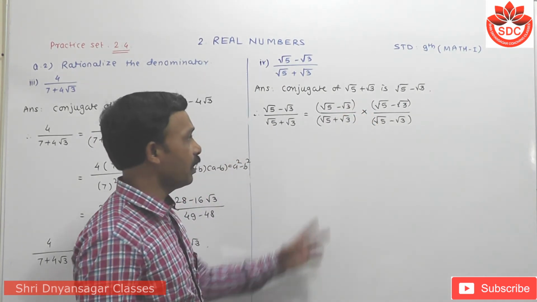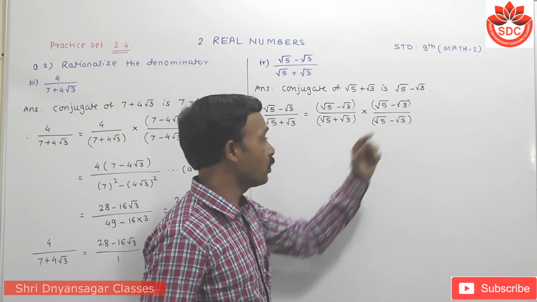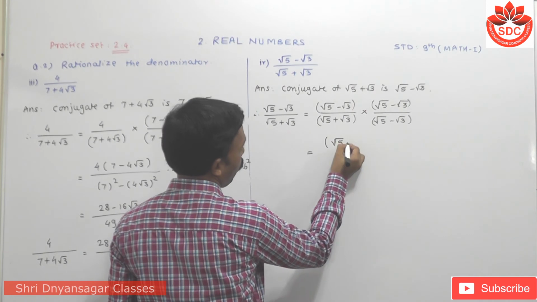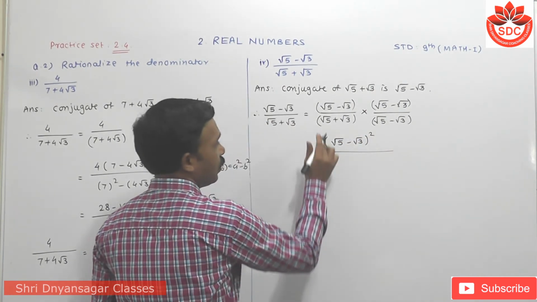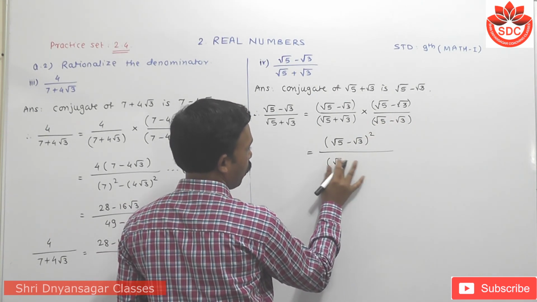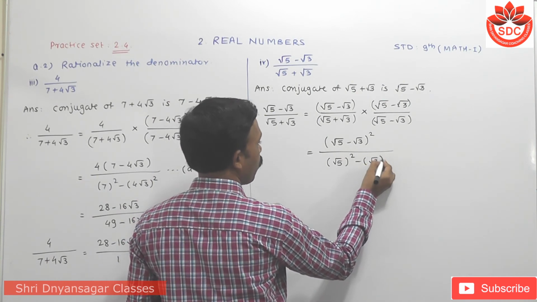Then when we observe carefully, root of 5 minus root of 3, root of 5 minus root of 3, this comes 2 times, which means root of 5 minus root of 3 bracket square upon, this is a plus b, a minus b, which means a square, root of 5 square, minus b square, which means root of 3 square.